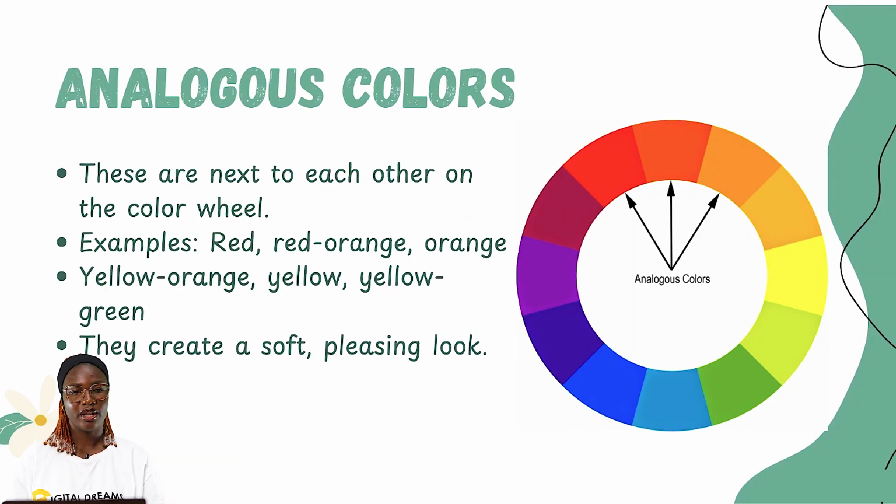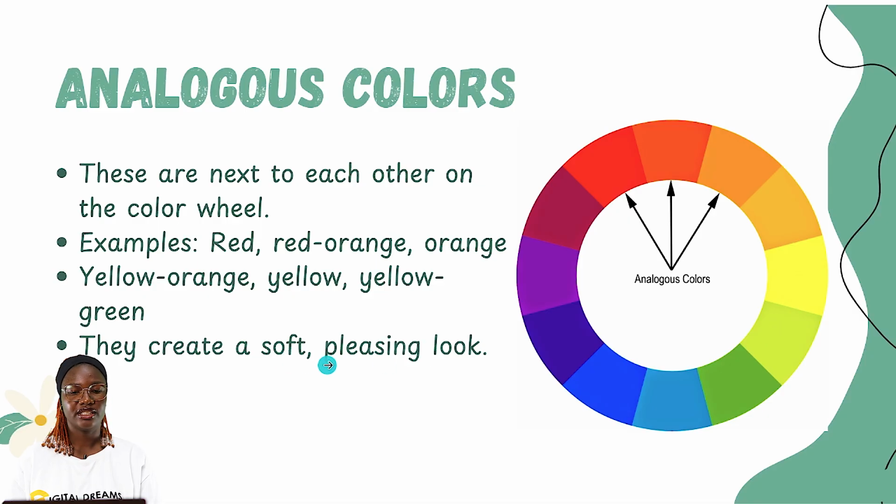Another one is known as analogous colors, and these are colors next to each other on the color wheel. Complementary are opposites, but this one is just colors that are next to each other. For example, we have red, red orange, and orange, or yellow orange, yellow, and yellow green.